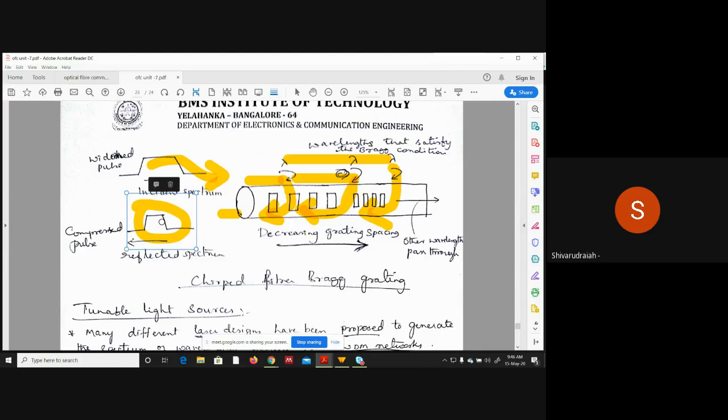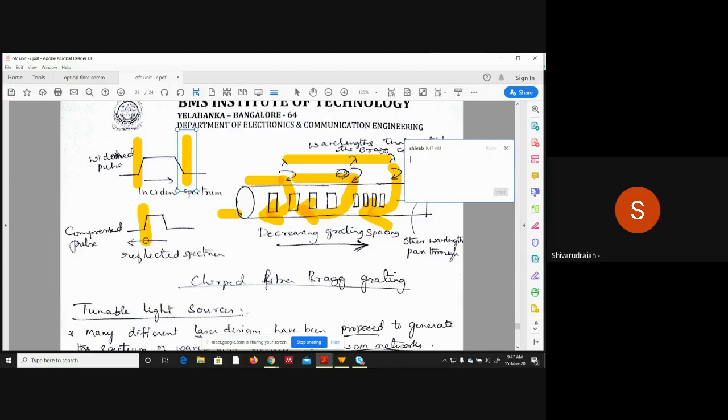So what is the achievement that is being done using the chromatic dispersion compensator? A broadened pulse, you can see here, of this much duration is being compressed to this time duration. This is the pulse width after the pulse exits the dispersion compensator.